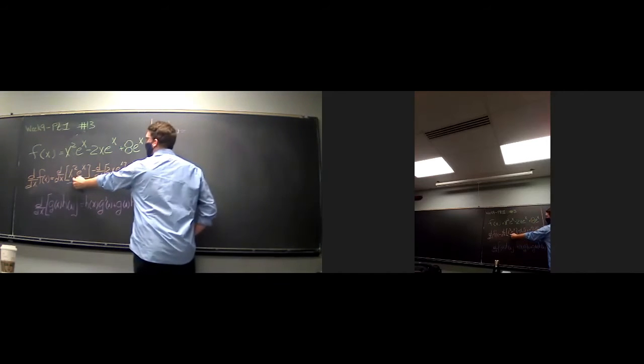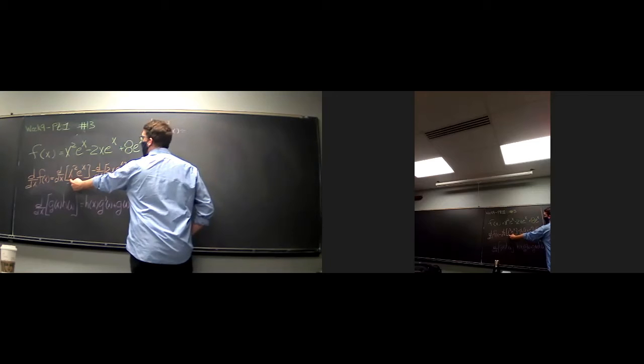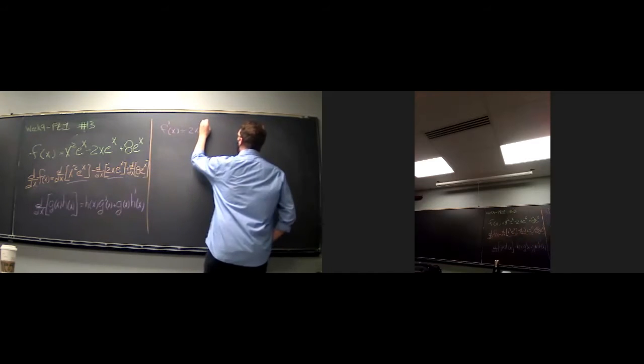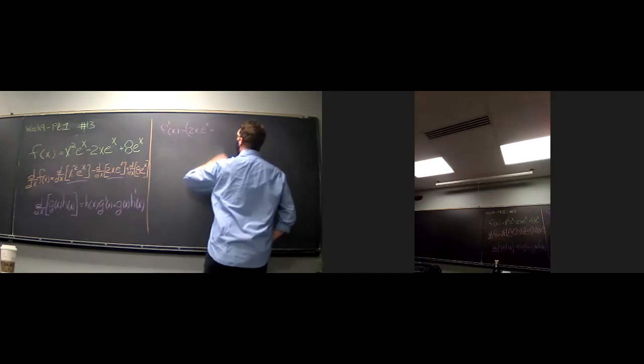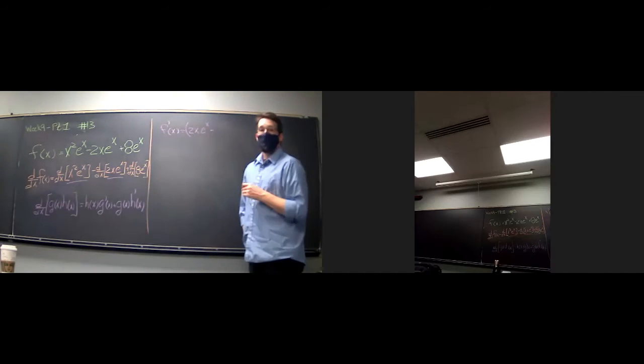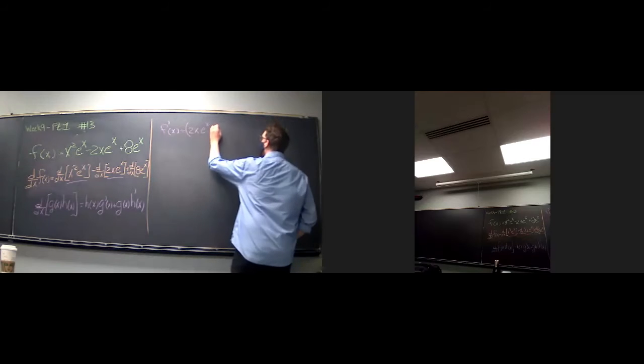So when we go to calculate these derivatives, we're going to find that the first comes out to be the derivative of x squared, which is 2x, times e to the x, plus x squared times the derivative of e to the x. But the derivative of e to the x is just e to the x, sorry.